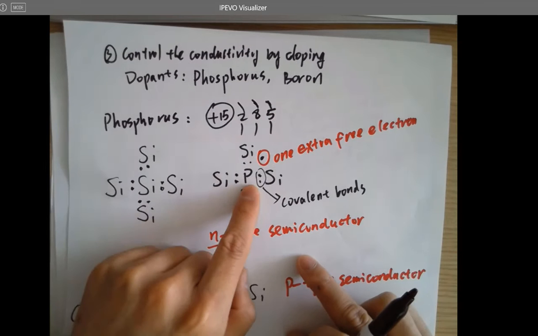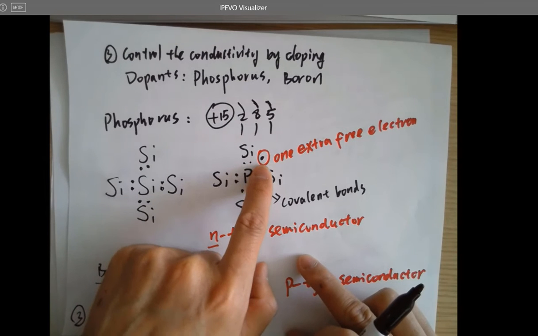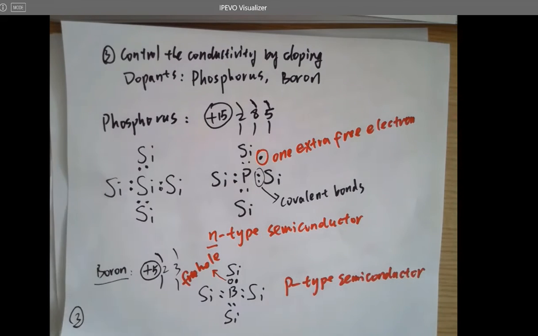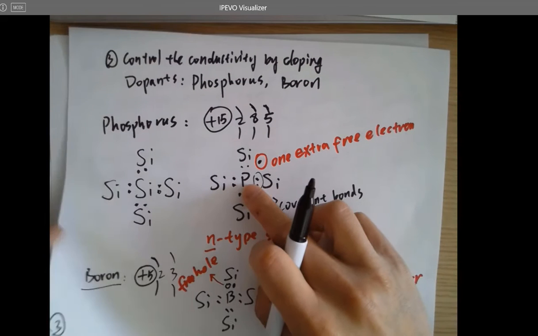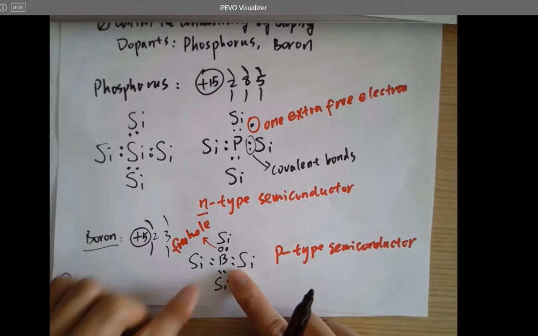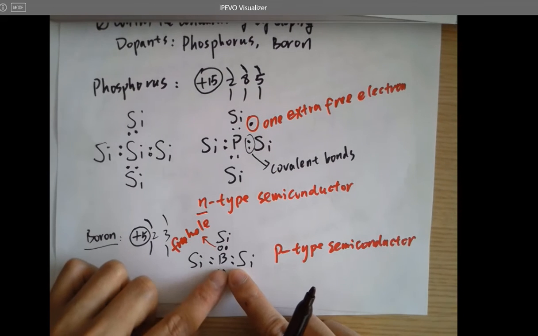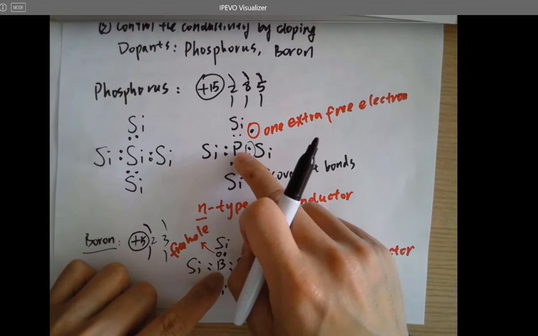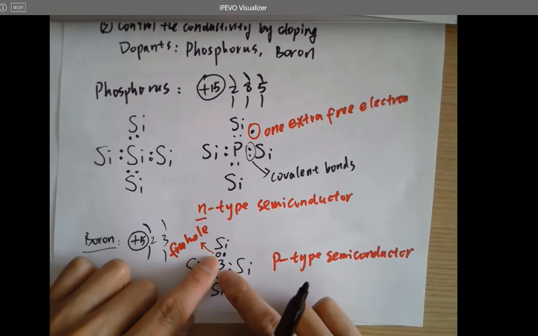Because the phosphorus atom contributes one more free electron. So the phosphorus dopant is a donor. For boron, it's called an acceptor. Electron donor, electron acceptor, because it has a free hole, ready to accept more electrons.